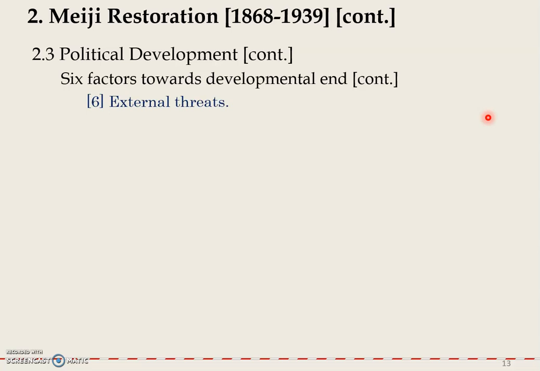All right. The 6th factor is external threats. Okay. Now, external threats means the threats from outside of the country. Okay, from foreign competitors or enemies. Okay, if the external threats are too strong, this is for the ruling elite like they're playing a one-shot game rather than a long repeated game.